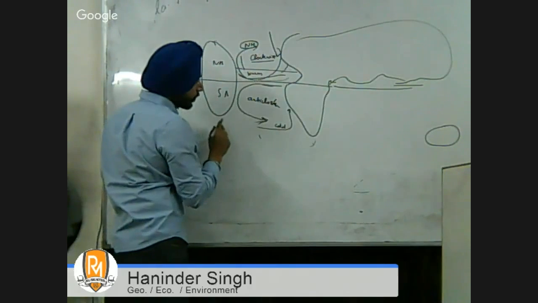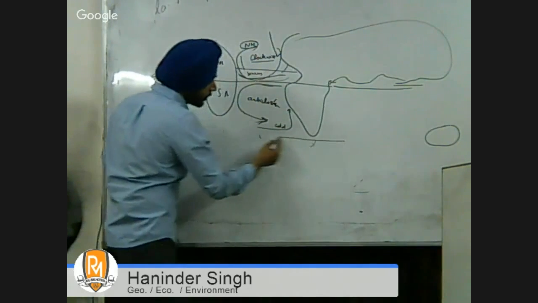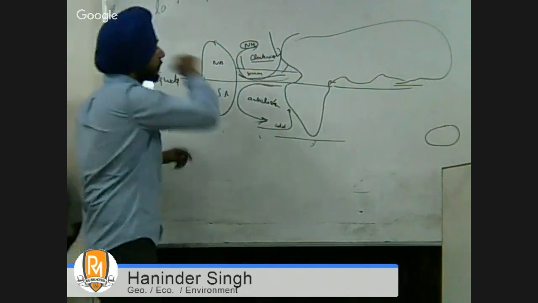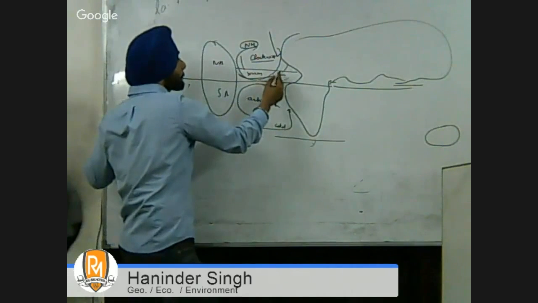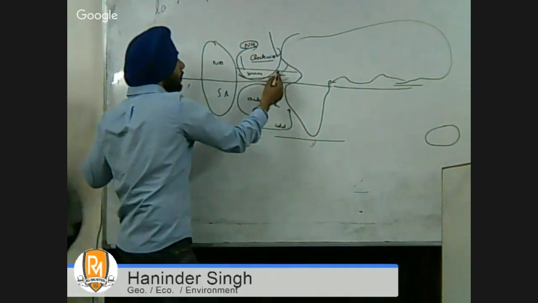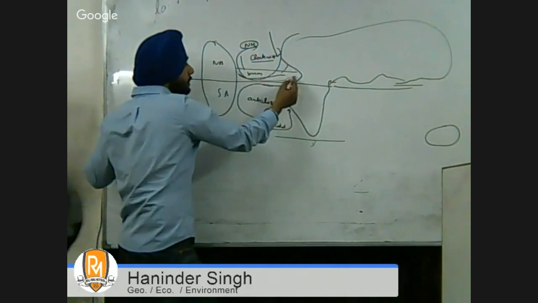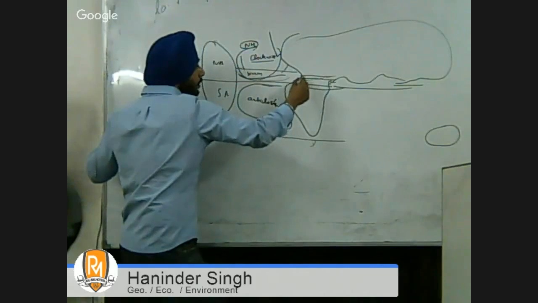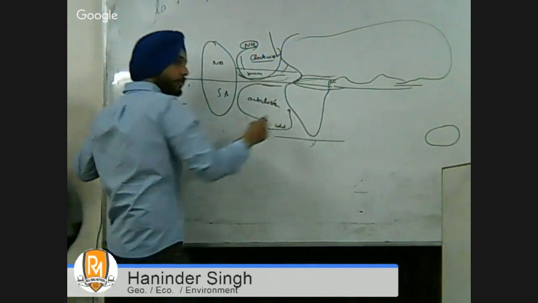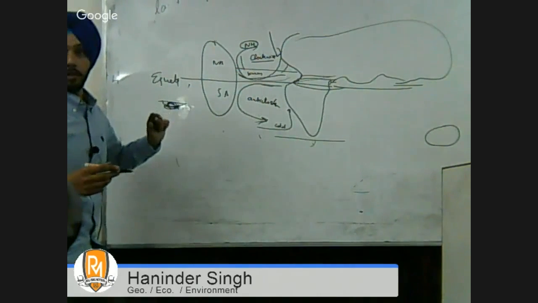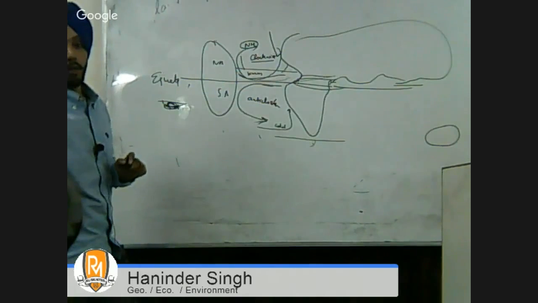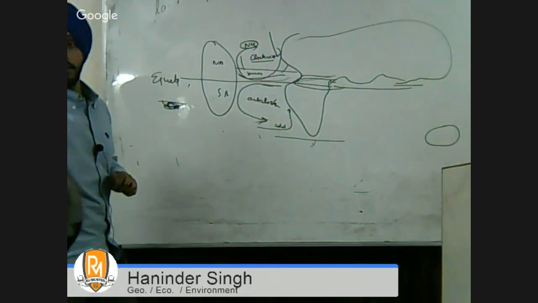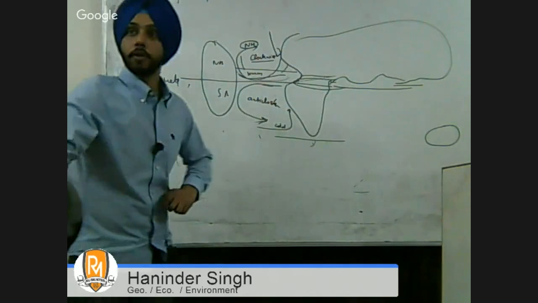Okay, now remember. If the water is coming from, say, this is the Arab world. Do we consider North Africa as the Arab world? What do people of Morocco speak?